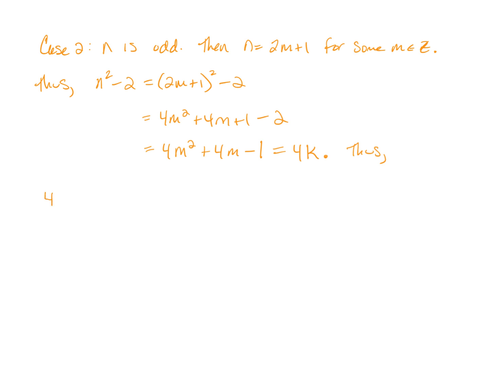Thus, 4m squared plus 4m minus 4k equals 1. So I've just moved the 4k to this side by subtracting it from both sides, and I added 1 to both sides to move the 1 over there.